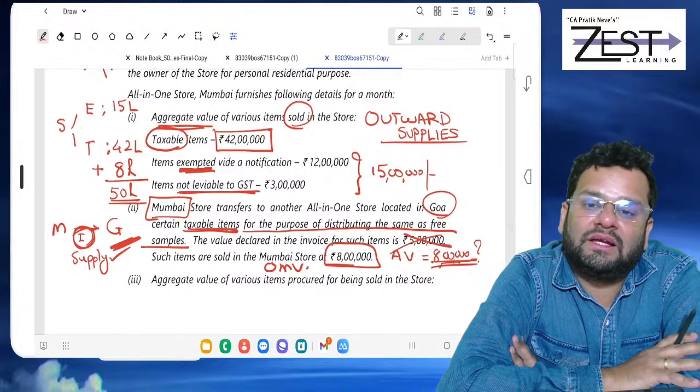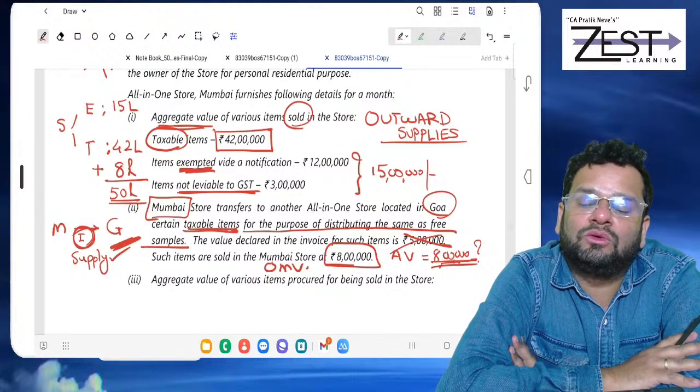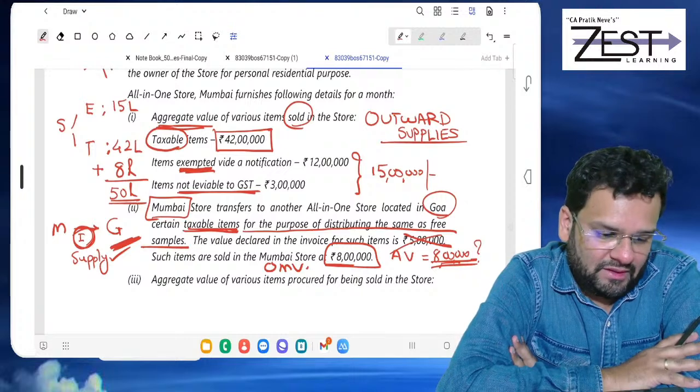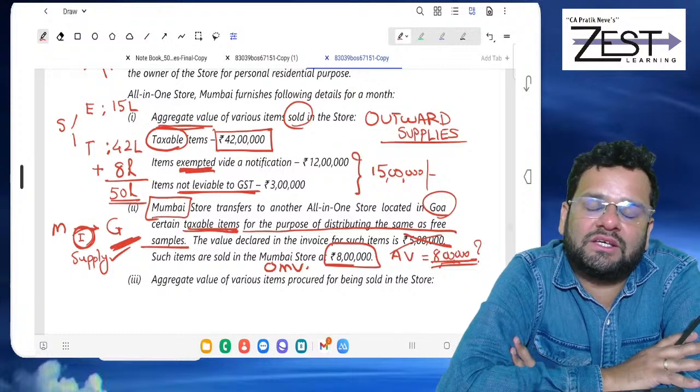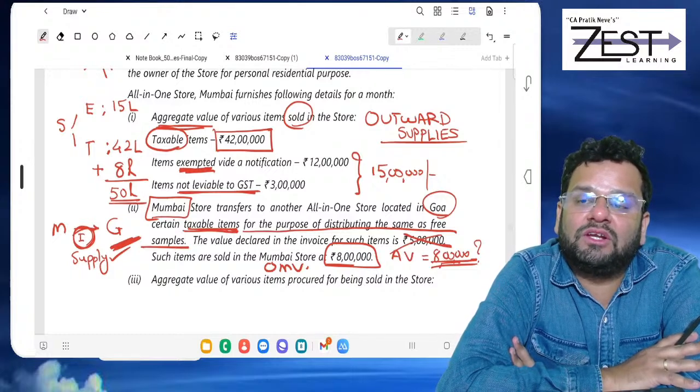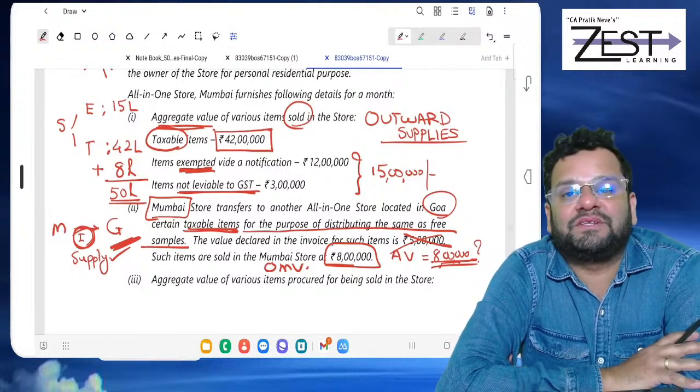But neglect everything. You may take invoice value itself as open market value if the recipient of supply is eligible for ITC. But here the recipient of supply, that is Goa unit, is not eligible for ITC because these goods they will not sell. These goods they will give as free samples.